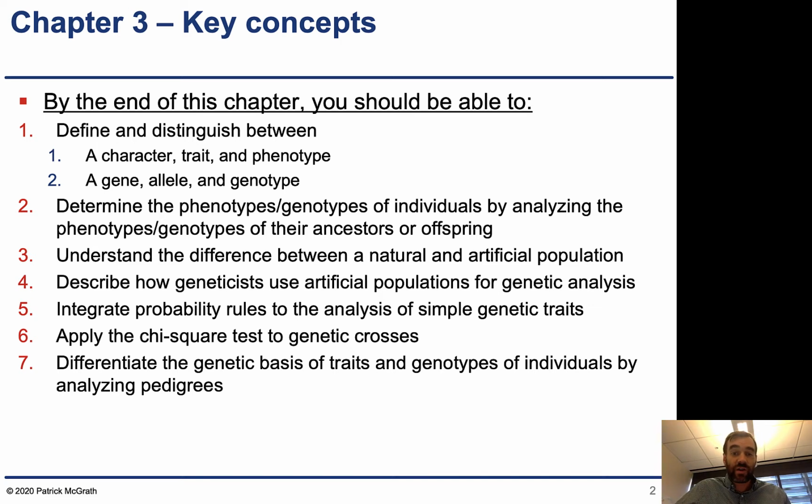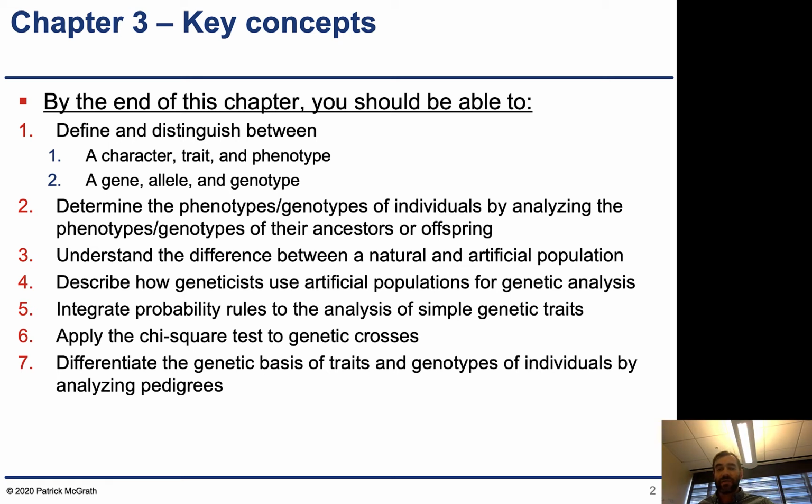Typically what we do is we look at phenotypes and genotypes of individuals, and then we perform some sort of cross and look at the ratios that we observe in those offspring. That's referred to as genetic analysis, and it's a very important part of the first third of the class. This will come up over and over again.